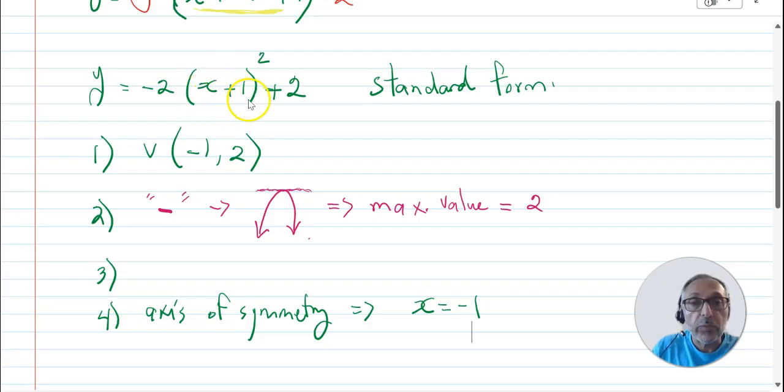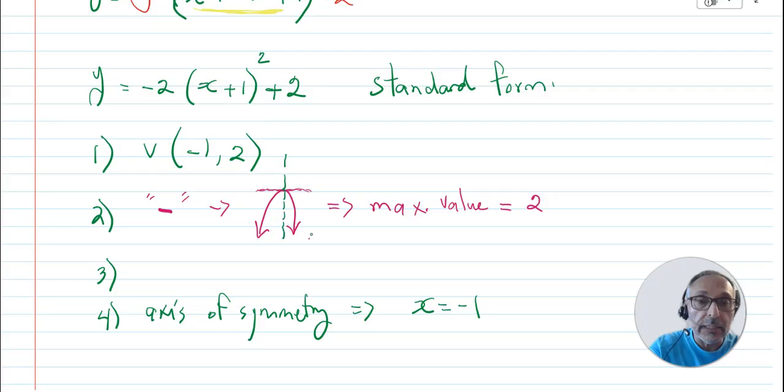So set x plus 1 equal to 0, and then solve for x, and that's x equal to -1, the vertical line that basically makes the graph symmetric. Okay, so this is x equal to -1.